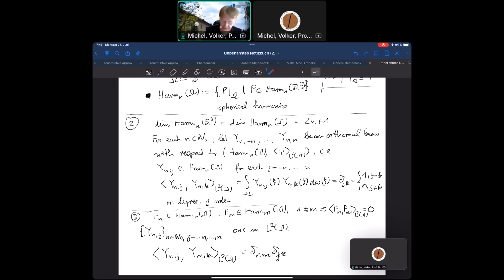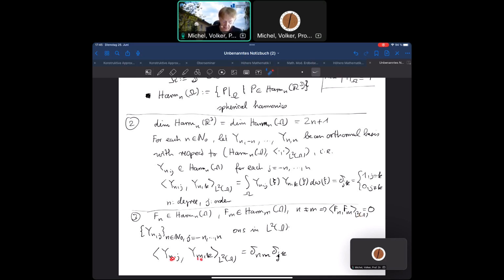Let me clarify this. The first index refers to the degree of the spherical harmonics. If they are not the same, n is not m, this tells me they must be orthogonal. So if n is not m, the Kronecker delta is 0, and therefore the right-hand side is 0. If they have different degrees, they're automatically orthogonal. I don't have to do anything. I get that just by the theorem.